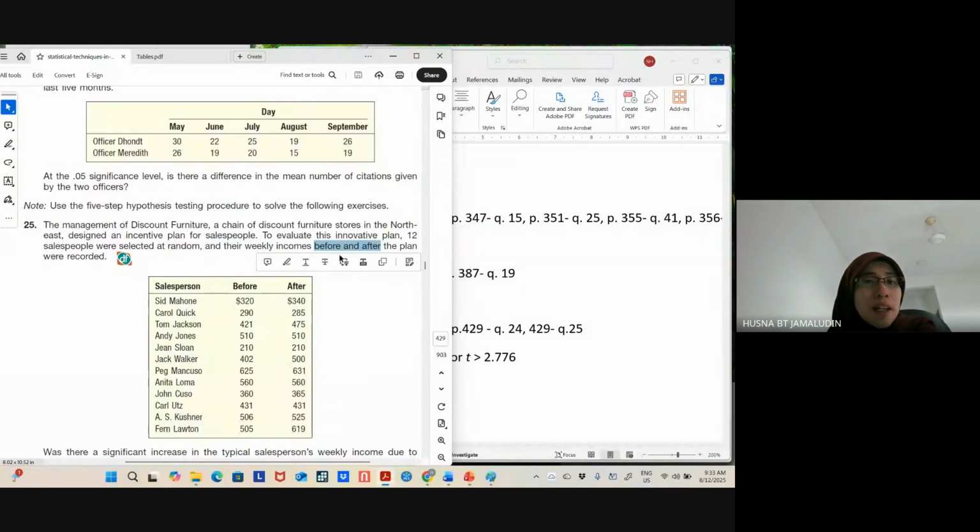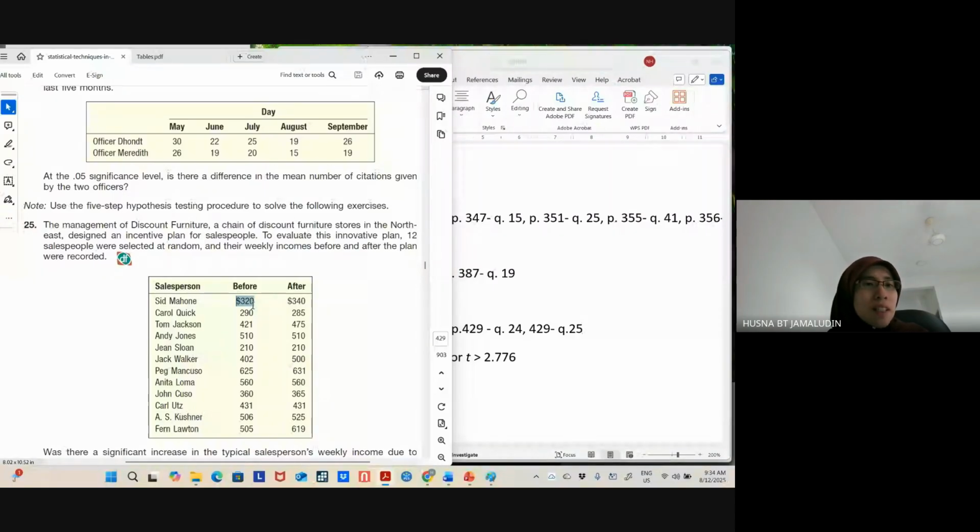When you look at the keywords before and after, remember I mentioned that when you have an intervention, you will see the value before and the value after. So the words before and after tell you that we are talking about dependent, and this is the case of intervention. You will see the salespeople, 12 people, and they have different values.